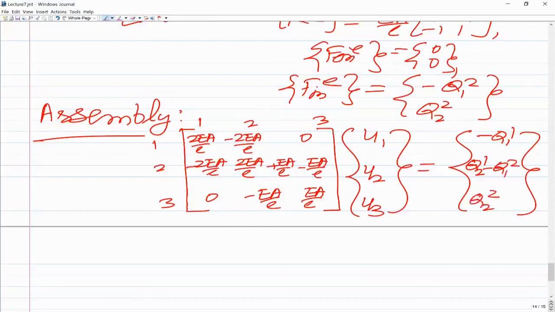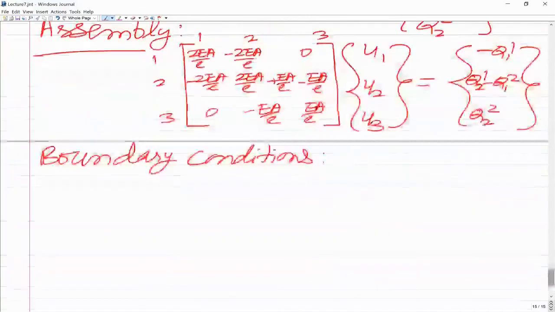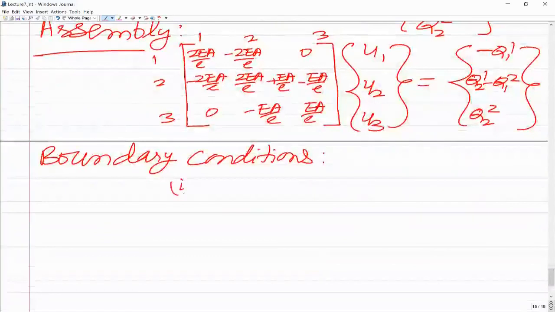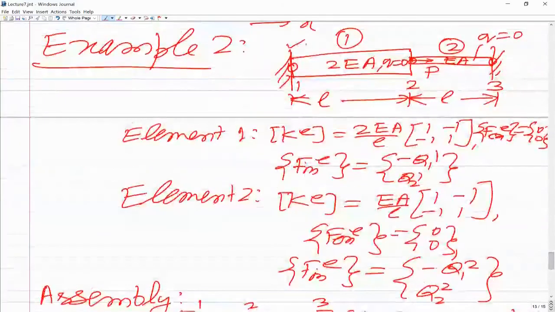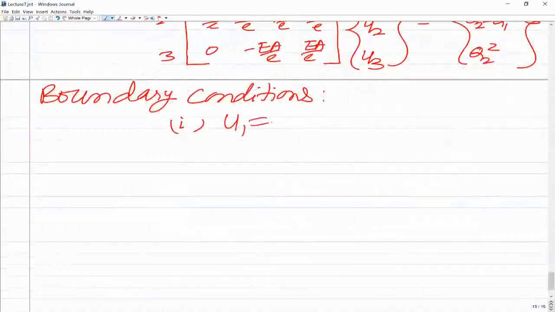Now if you look at the boundary conditions, because this node is fixed, u1 has to be equal to 0, and u3 has to be equal to 0. So the first boundary condition is u1 equal to 0.